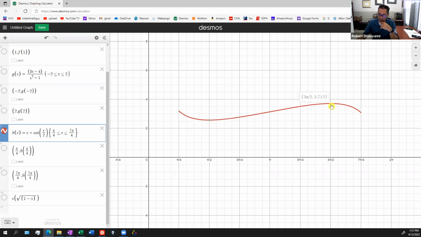When you plug in 3 pi over 2, you should get 3.712. And when you plug in 7 pi over 4, you should get about 3.088. So this is your max, and this is your min. There they are. The maximum value is 3.712. The minimum value is 2.571.